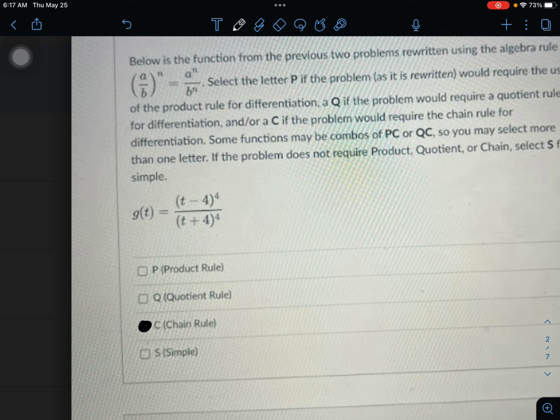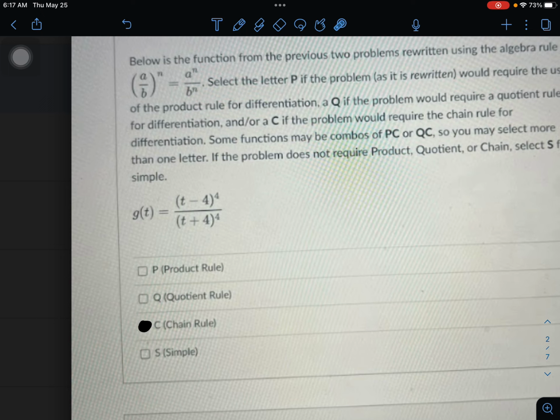Chain rule. And then let's go through the other ones. Because remember, we can use combinations of chain rule and quotient rule and chain rule and product rule. I know I got to use chain rule because I see a function inside of a function. Product rule, I don't have anything multiplied by something else, so I won't do the product rule.